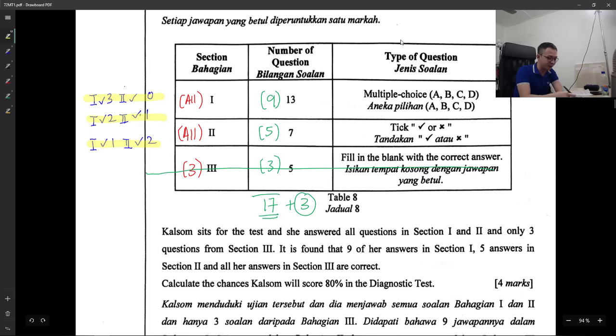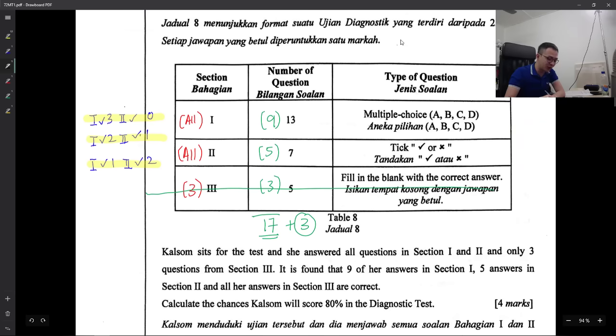For these questions, basically we need to use the formula nCr p^r q^(n minus r), which equals probability X equals r. I need to use this formula because this is the easiest way of doing this.